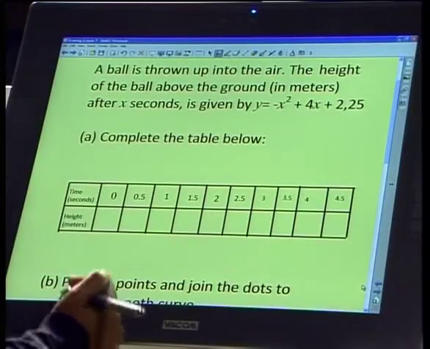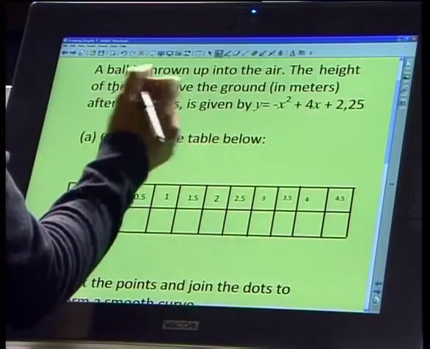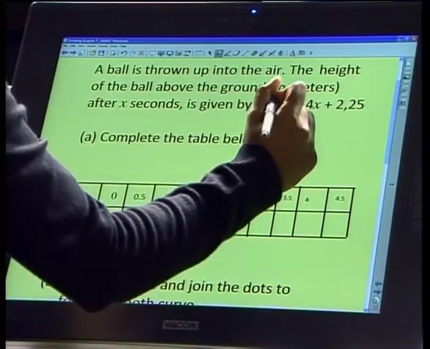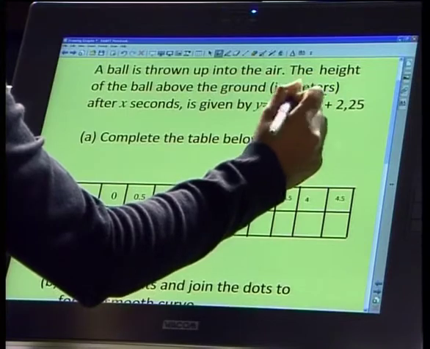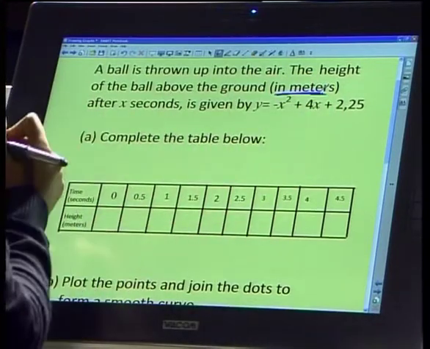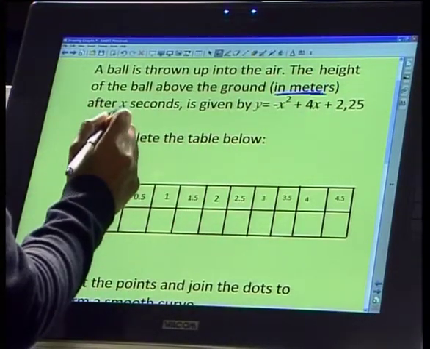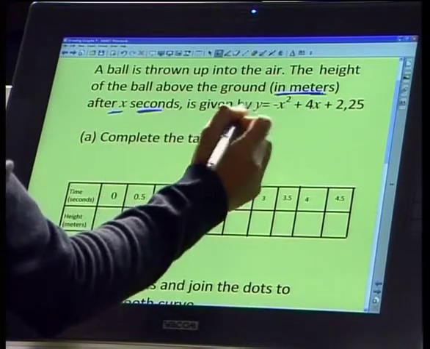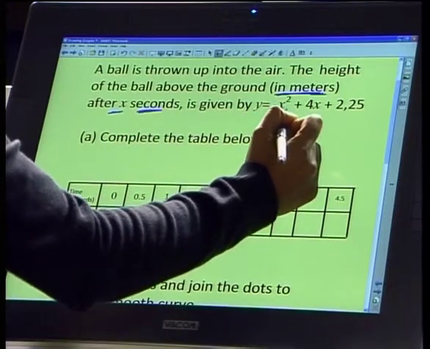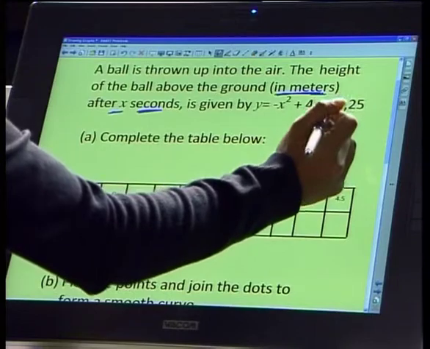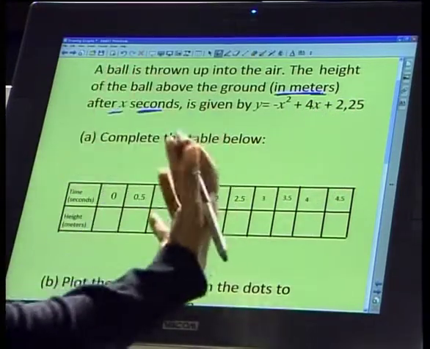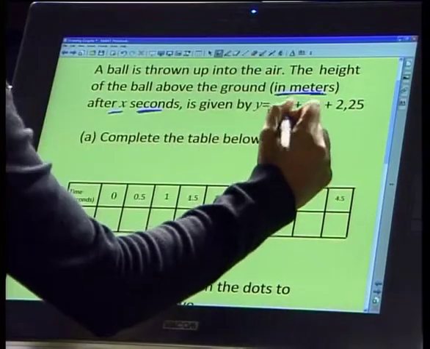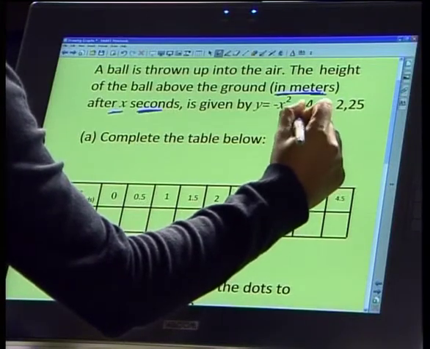We are told that a ball is thrown up into the air and the height of the ball above the ground in meters, so important, they have given you units, so you need to stick to that, after x seconds is given by y is equal to minus x squared plus 4x plus 2,25. Now although it's not necessary for you to know this, this is called a parabola.